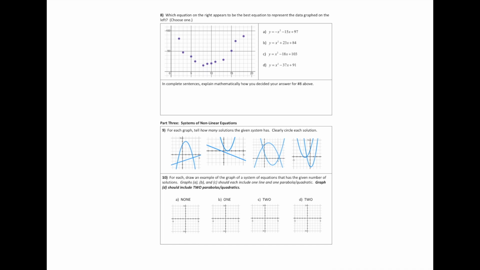So now another question that you could be asked is, if I give you the regression graph, to choose the most likely equation for that graph. For example, in number 8, and I'm going to change screens, hang on a second.